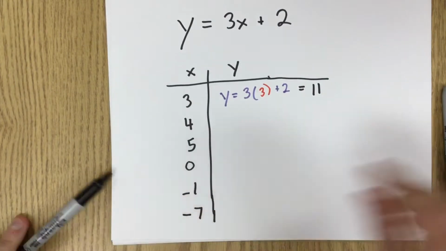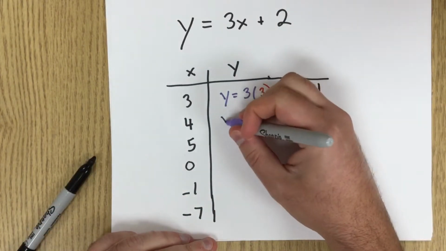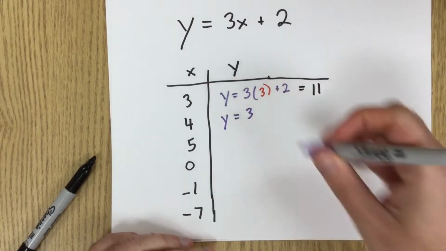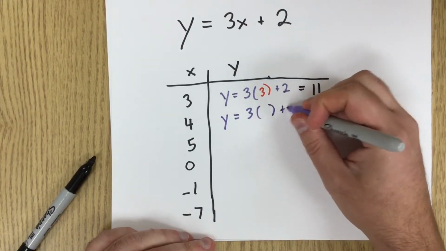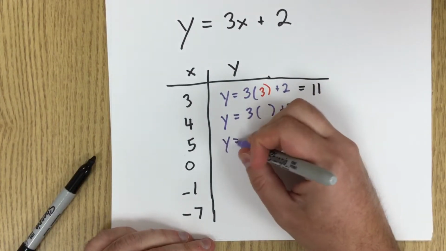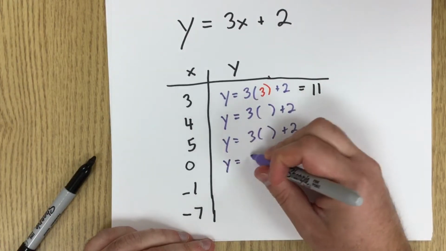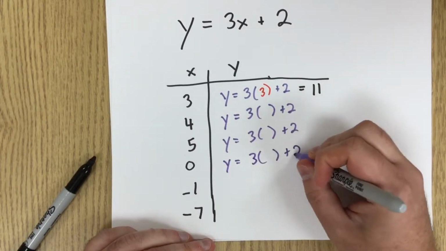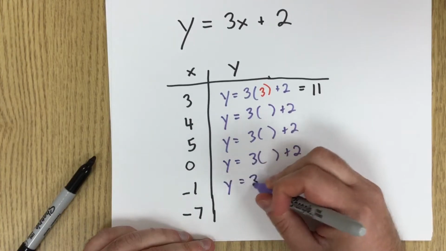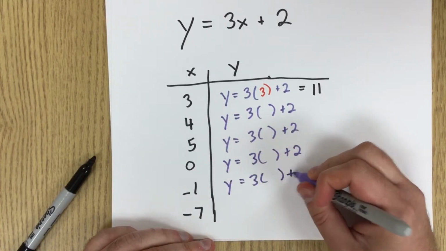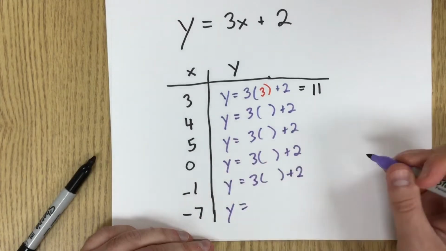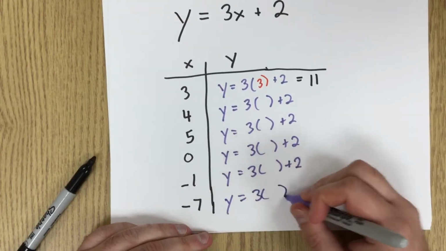And we just keep on doing that down the board. For the next one, we go y equals 3, but now we sub in something else, and then we'll sub in something else. Either way, we're taking the equation we have on top and subbing in the number to figure out what the value of y is.